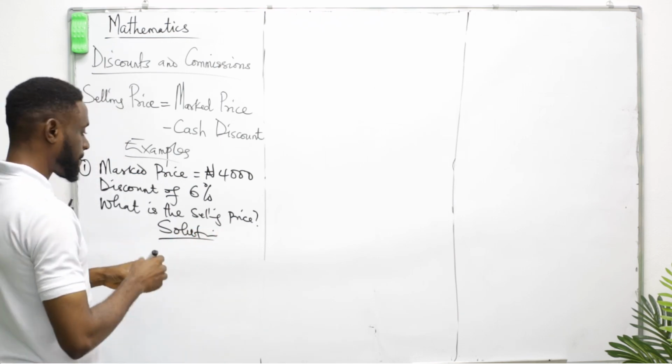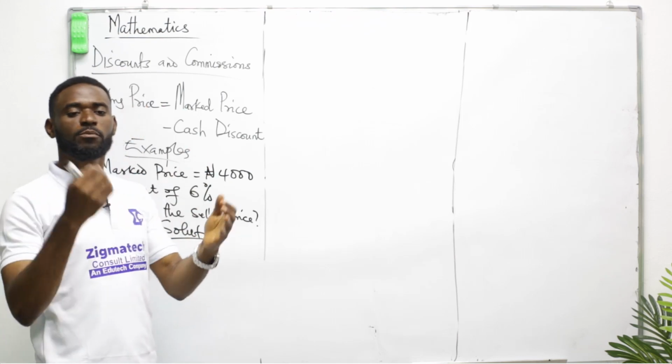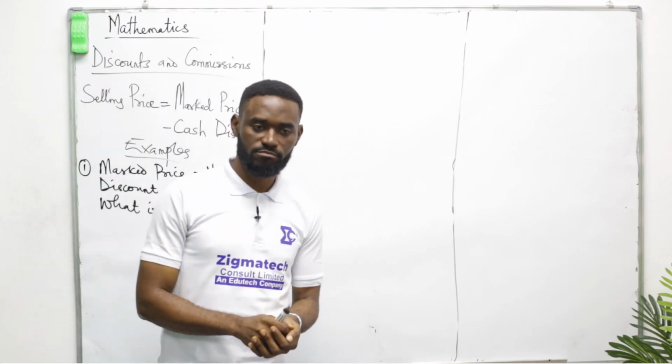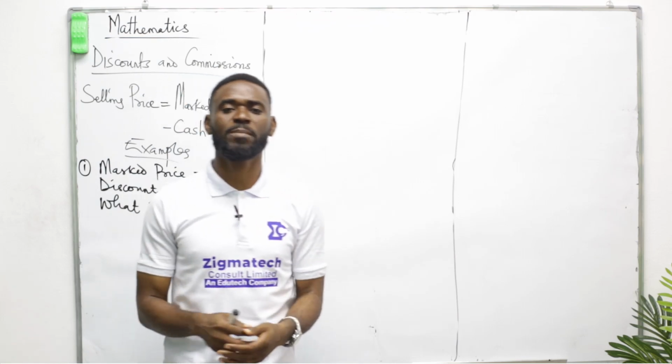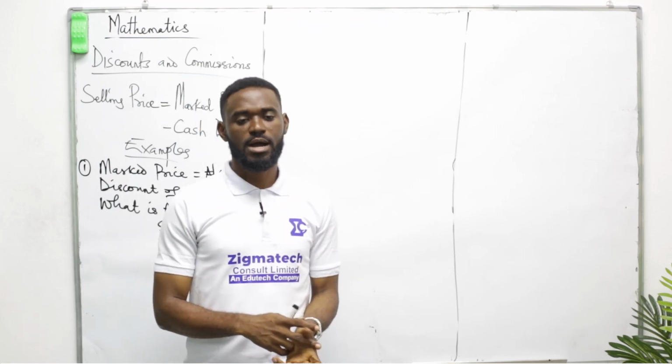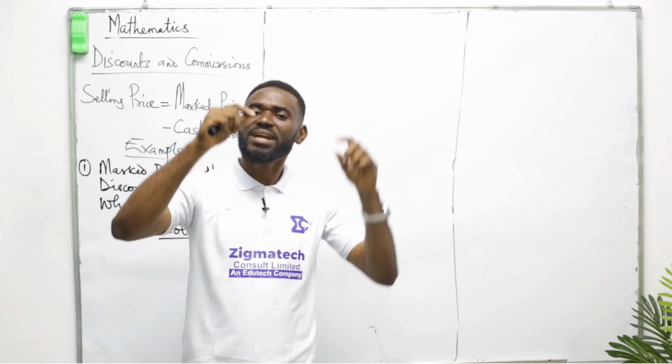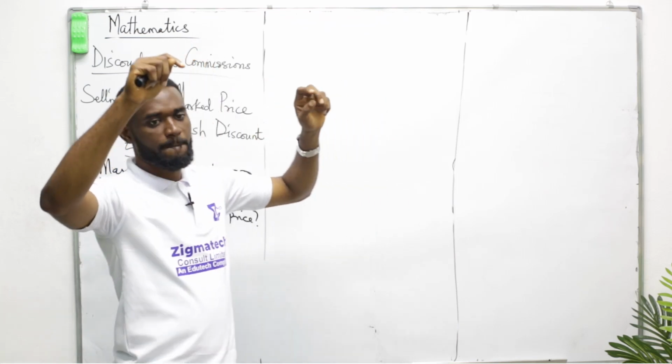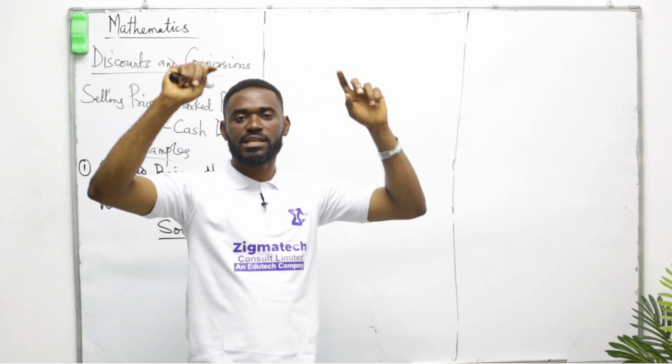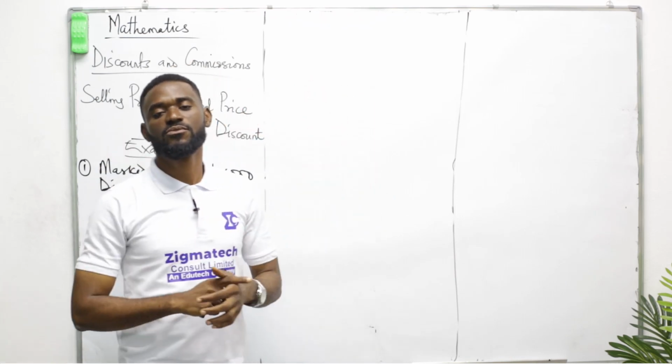Okay, so this man came to buy a ceiling fan in a shop, and the price of that ceiling fan is 4,000 naira. That is the price of the ceiling fan.